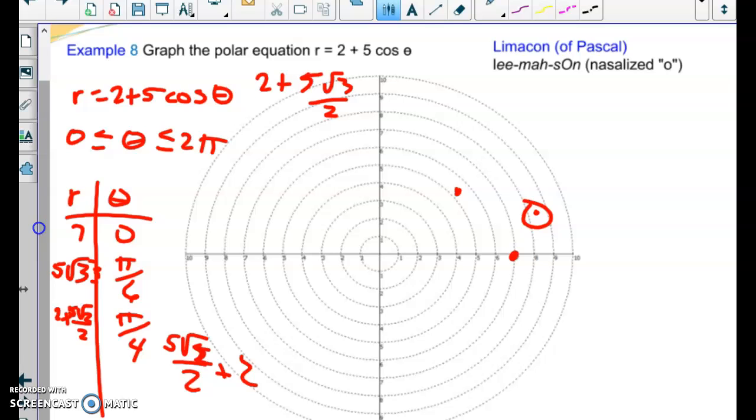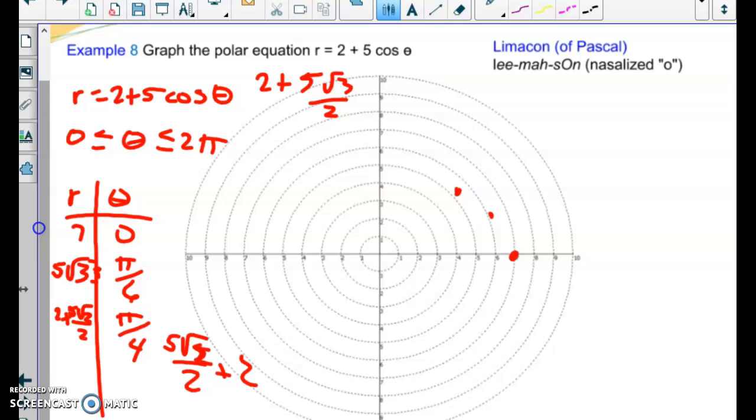And, oh, I multiplied instead of added. That's why that point is off. So I'm going to go 5 root 3 divided by 2 plus 2. 6.3. That seems a lot better. Kind of smooth that out a little bit.